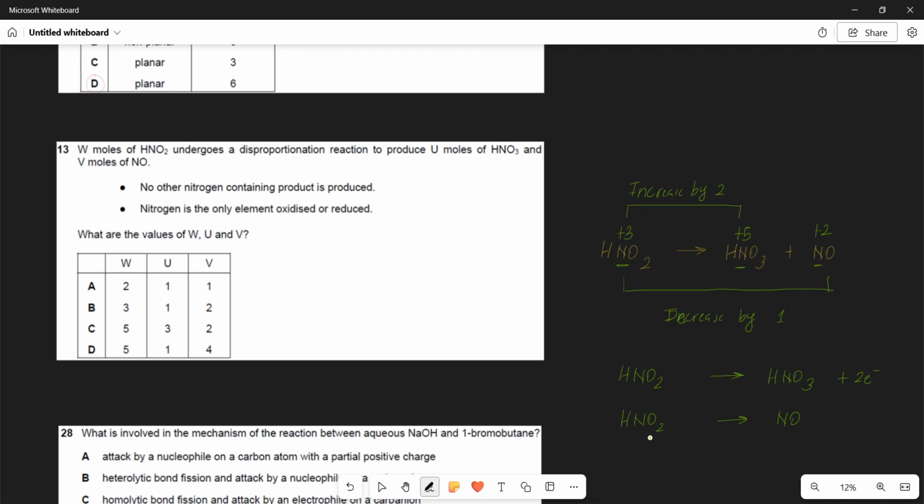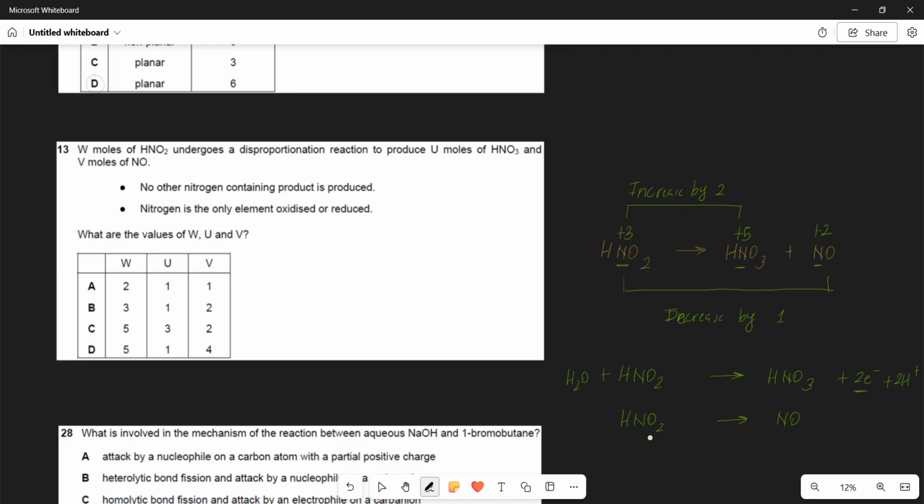When I want to balance, I will have H2O here so that the oxygen is balanced, and 2H plus here so that the charge is balanced. I hope you understand this. Now these two electrons should be gained by the nitrogen to become NO.